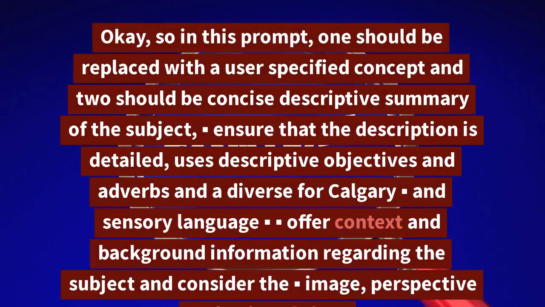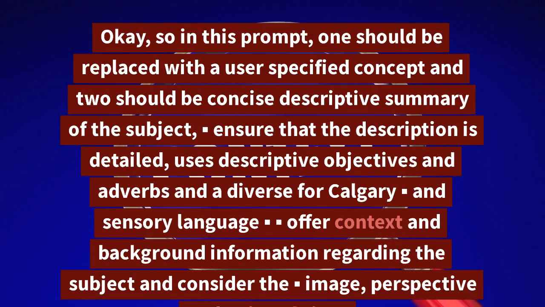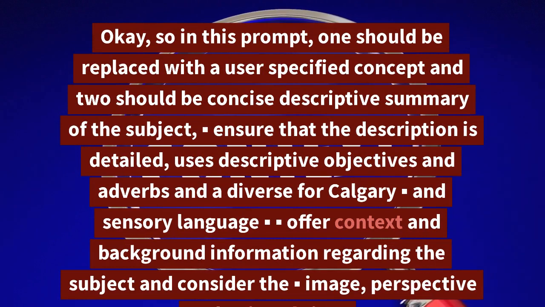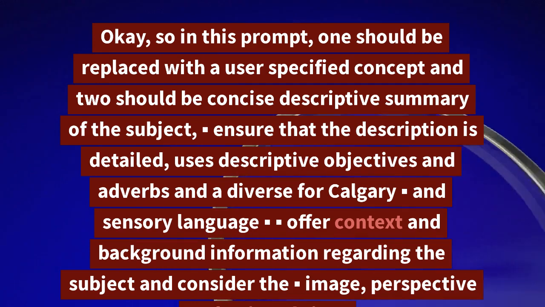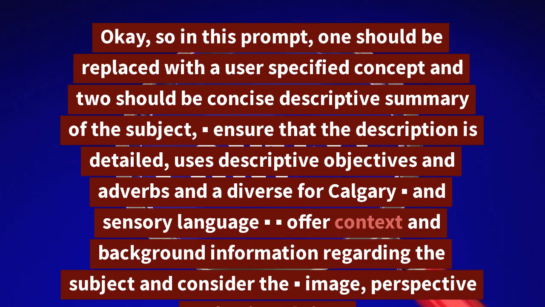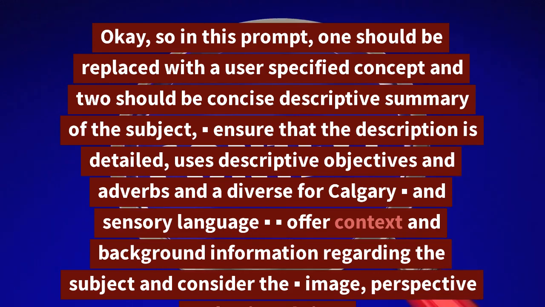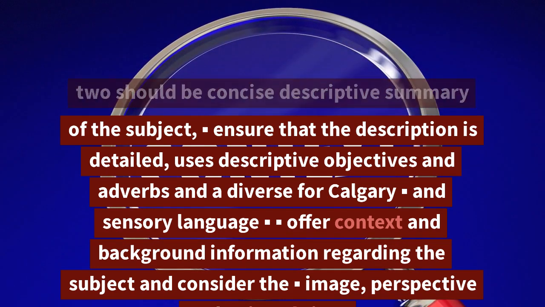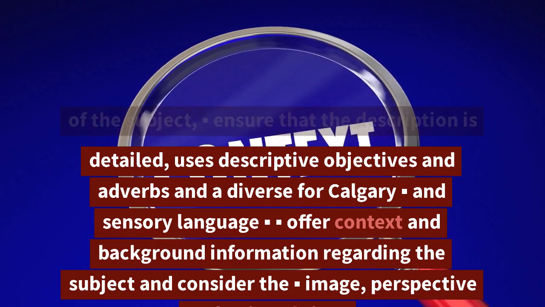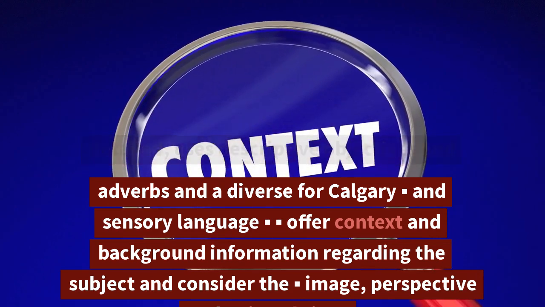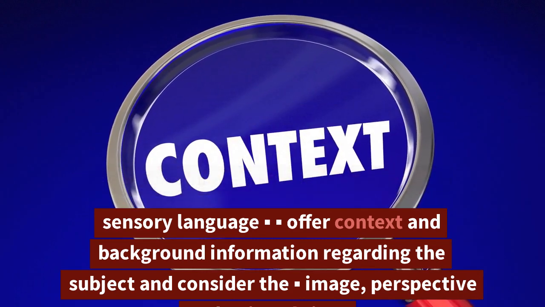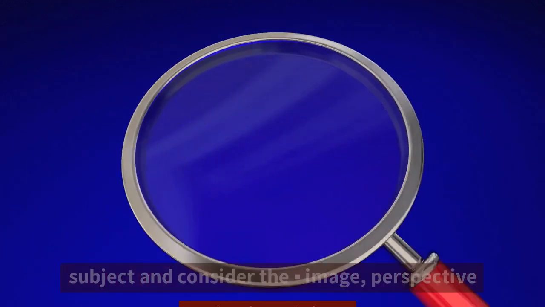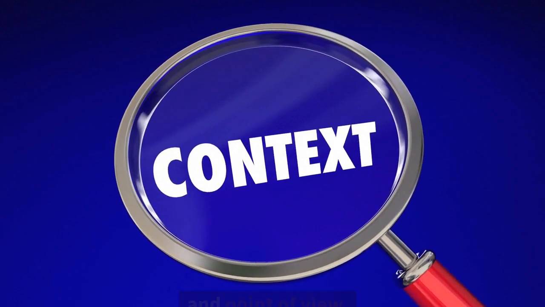Okay, so in this prompt, 1 should be replaced with a user-specified concept and 2 should be a concise descriptive summary of the subject. Ensure that the description is detailed, uses descriptive adjectives and adverbs in a diverse vocabulary, and sensory language. Offer context and background information regarding the subject and consider the image's perspective and point of view.